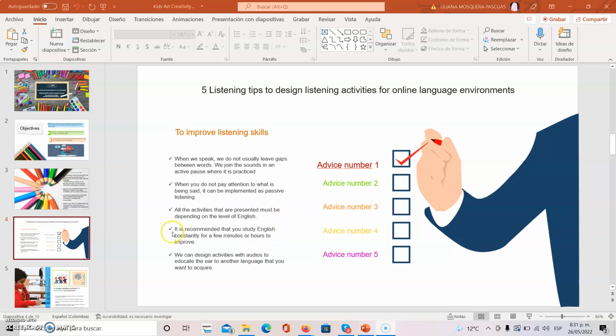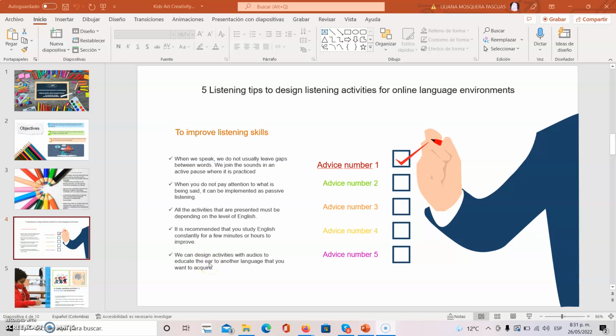All the activities that are presented must depend on the level of English. It is recommended that you study English for a few minutes to improve it.